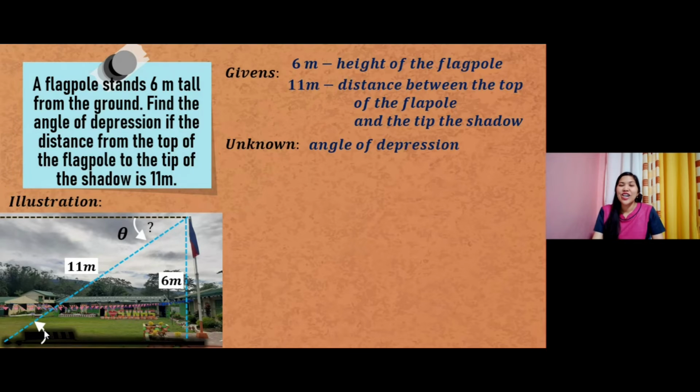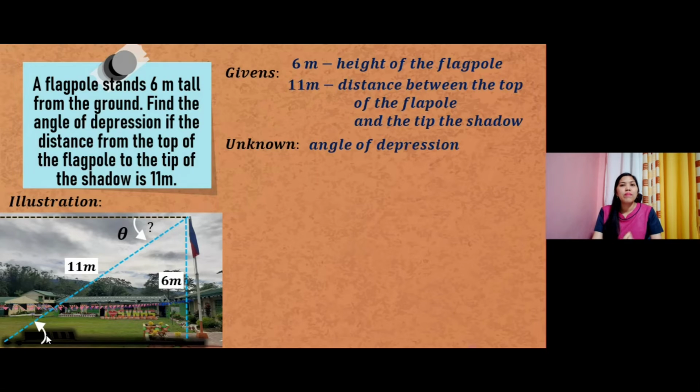Now, what relationship exists between this angle and this angle? Try to recall your video 1 lesson. All right, these two angles are congruent. This angle, the angle of depression, and this angle, which is your angle of elevation, are congruent. As you can see, we have two parallel lines: the horizontal line of your flagpole and your ground, which is represented by your shadow.